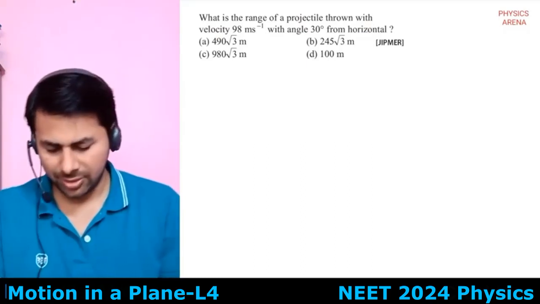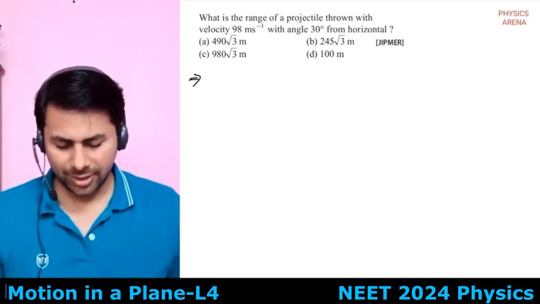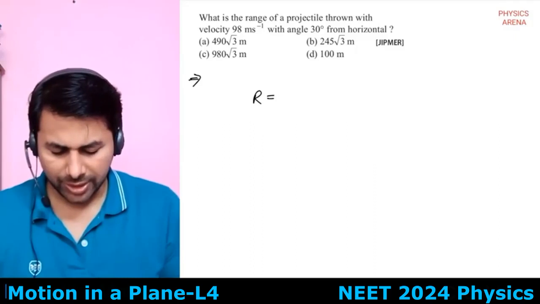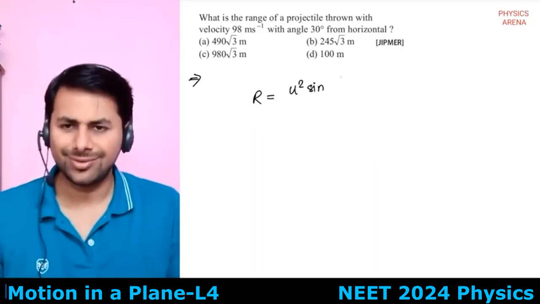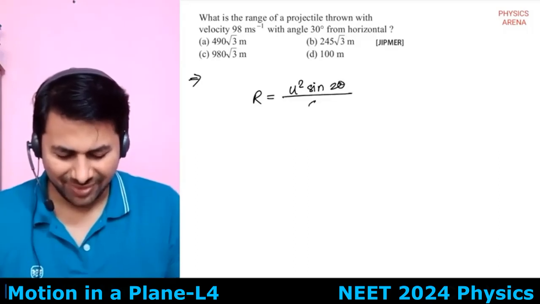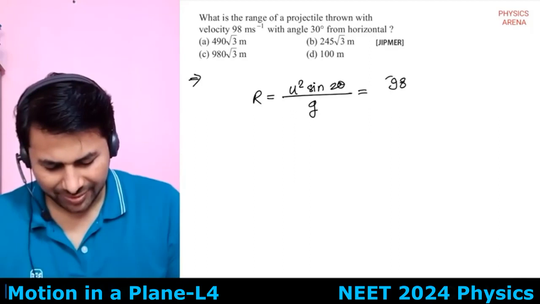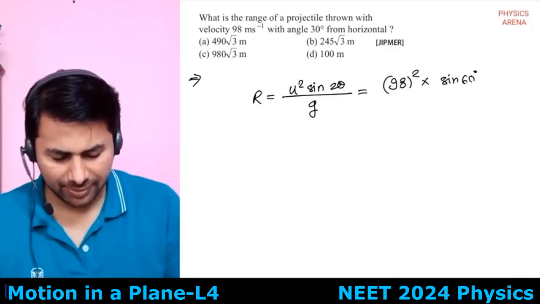So this is a straightforward question. Just use the formula and find out the answer. What is the formula for range? U square sine 2 theta divided by g. So it is 98 square multiplied by sine of 2 theta, so sine of 60 degrees, divided by g.